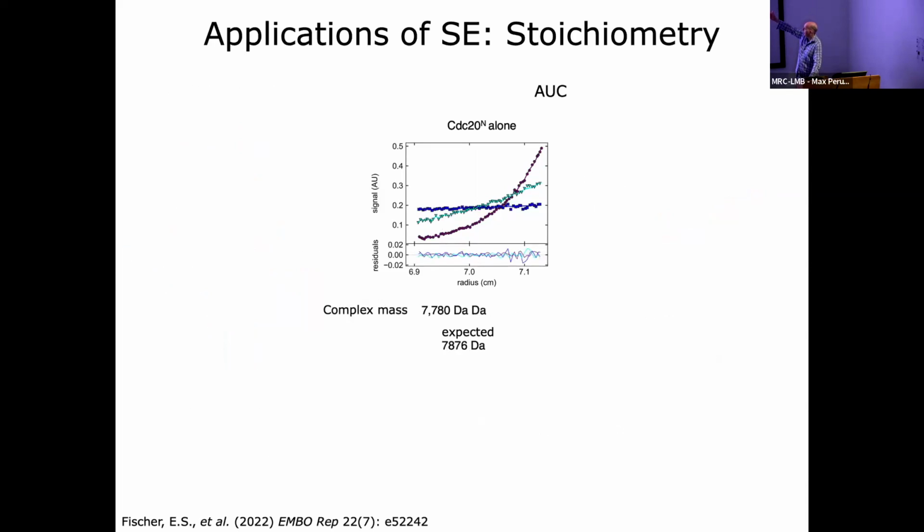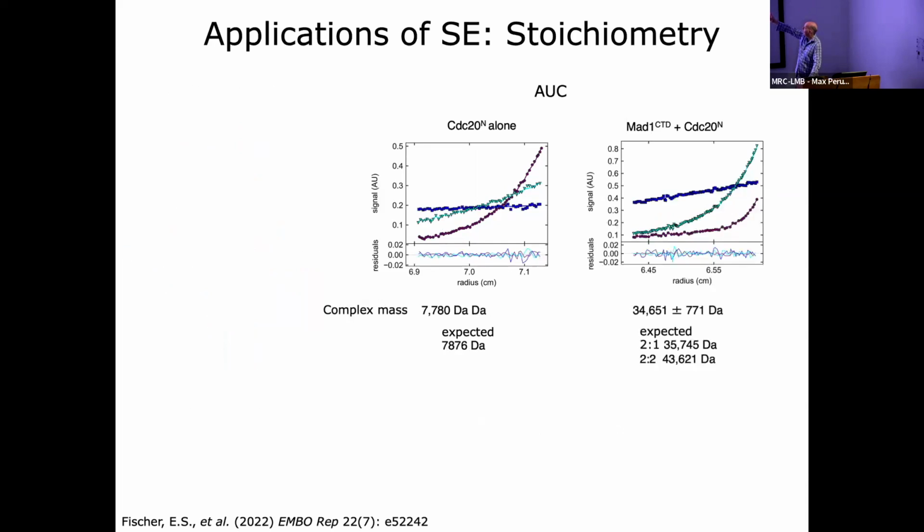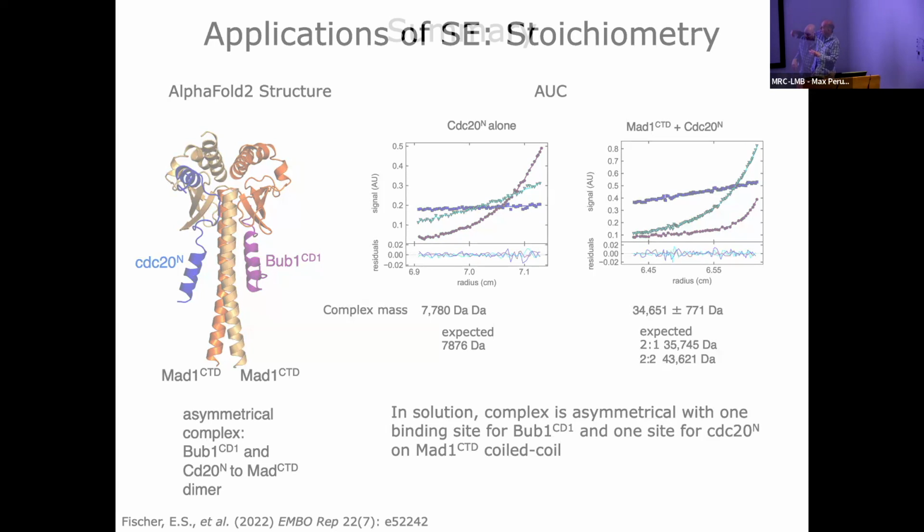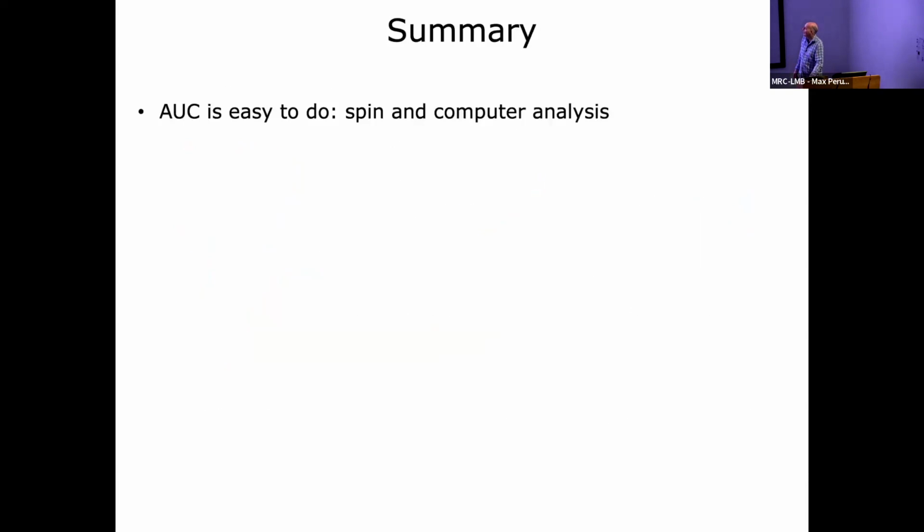CDC20 by itself looks quite nice, and if we add in MAD1, we again only get one binding. So therefore the structure is actually asymmetric. We've got CDC20 binding to one site, and it also binds onto this globular head as well as the coiled-coil.